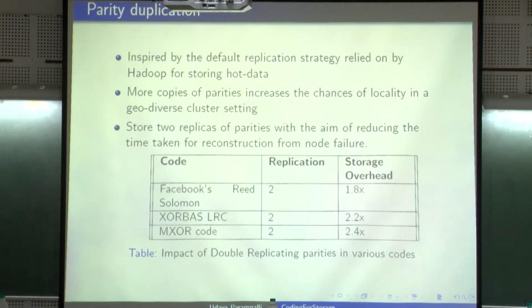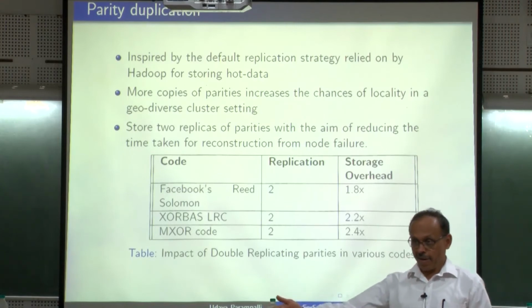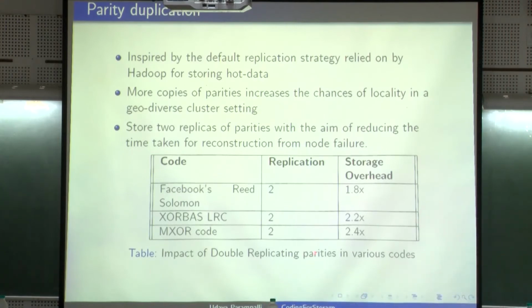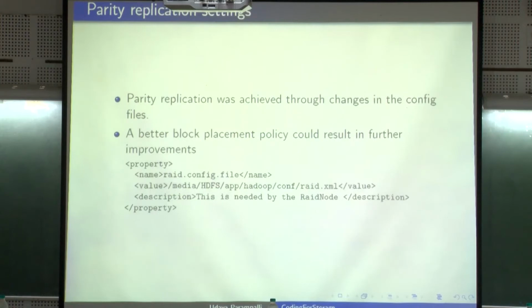Still, it will be better than the triple replication of HDFS. And the MSR code, if you do this, it becomes even more, 2.4, because already for every 10 blocks there were 7 data blocks, but when you replicate it you get 14. So totally it is 2.4. So parity duplication was achieved through changes in the configuration files.